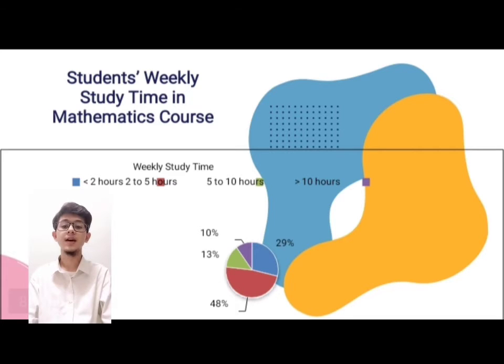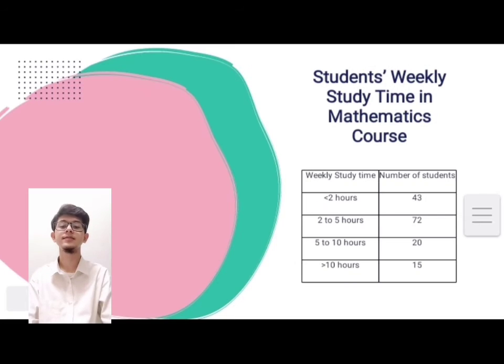Students' weekly study time in mathematics course. From the figure, we can conclude that 2 to 5 hours of study time is the highest frequency with 72 students, which is 48%, while more than 10 hours of study time is the lowest, which is 15 students, means there are 10% from the total of 150 mathematics students.